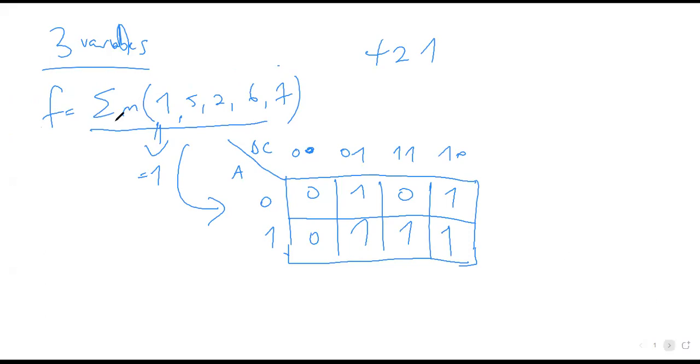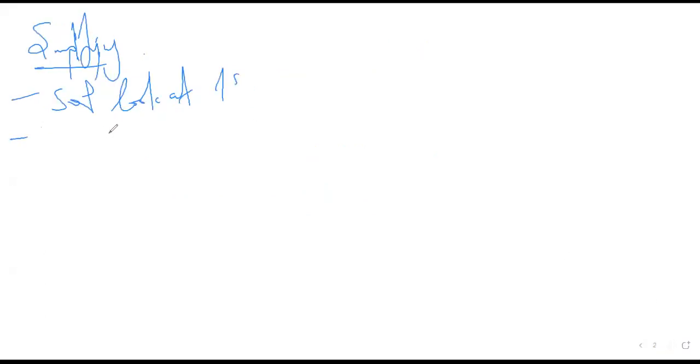If you are using sum of products, you look at the ones and loop the ones. What do we mean by loop? You group the ones.